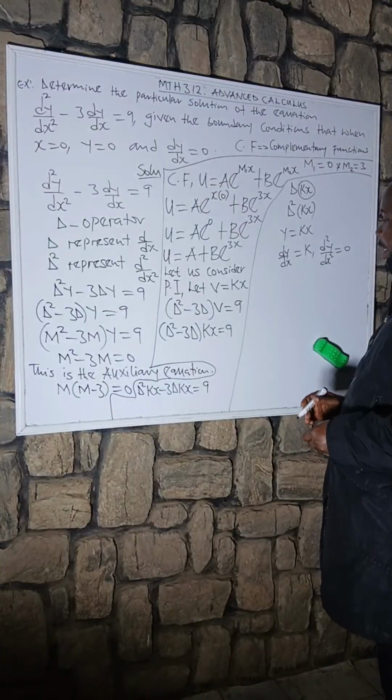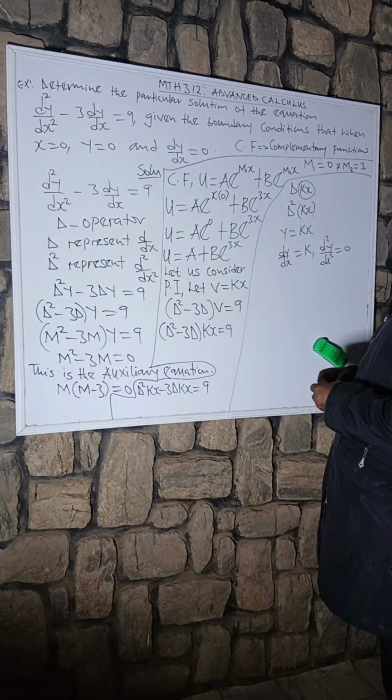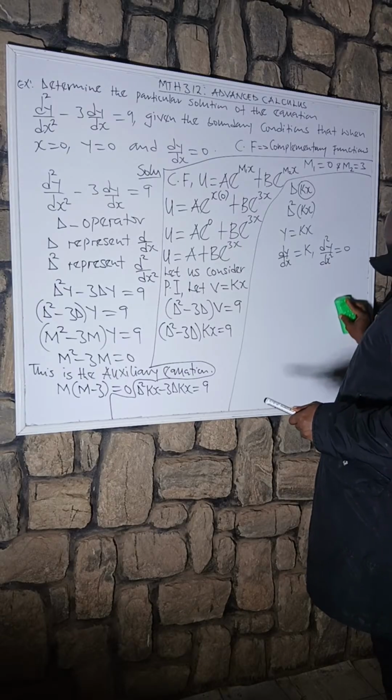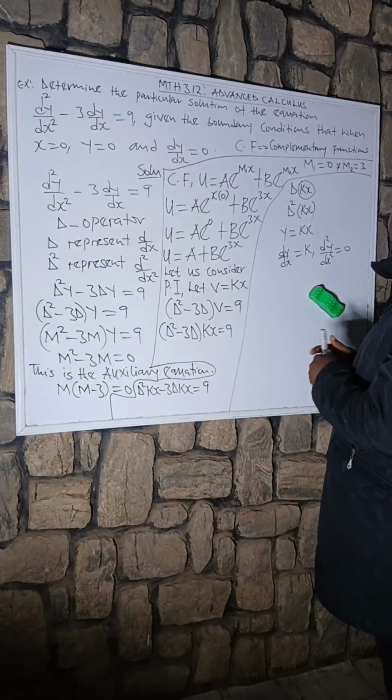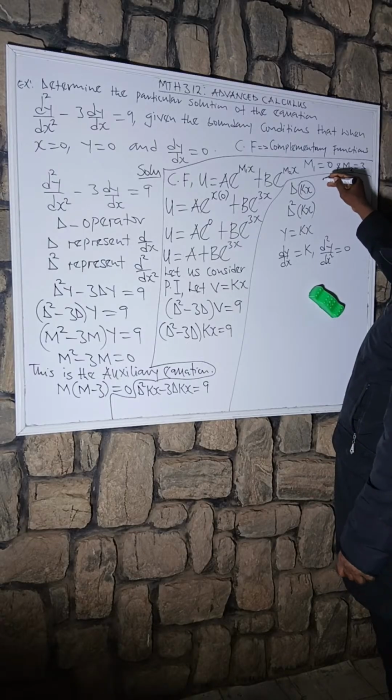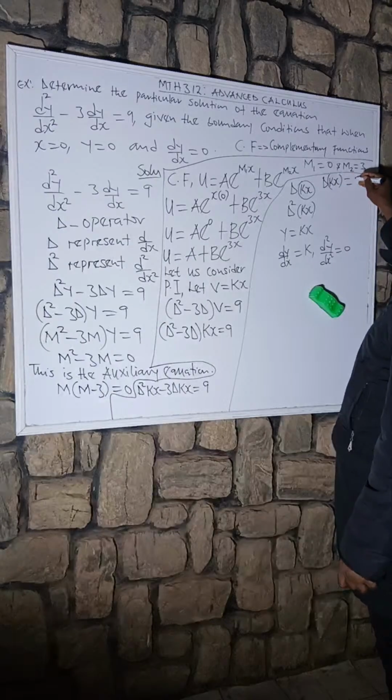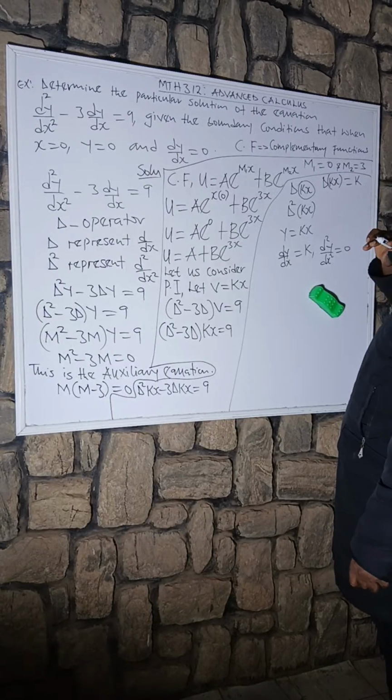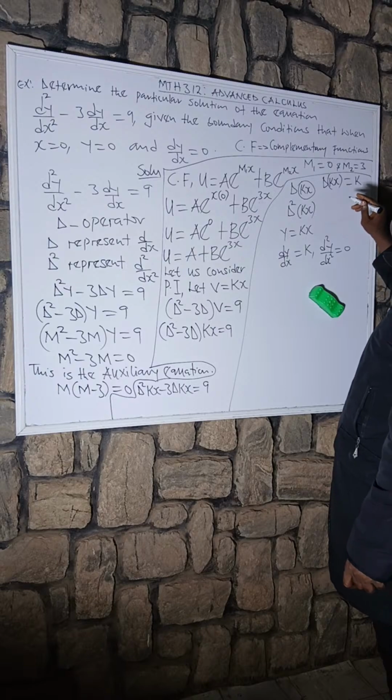So as you can see now, you don't need a prophet to tell you. With this explanation, this implies that D(kx) is equals to k, true or false? Yeah.